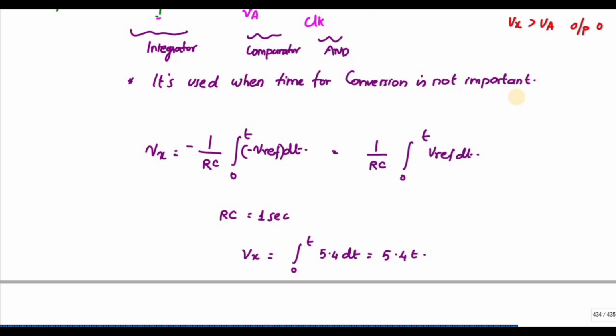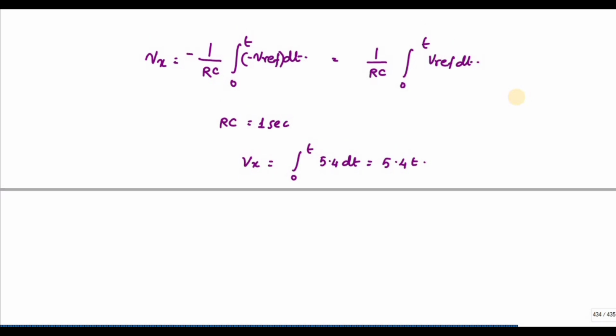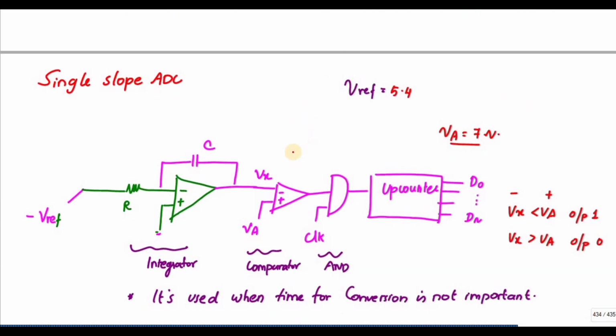So you can see that till this point the output is 1, right? Because Va is 7 volt and Vx is nothing but 5.4 t. So Va is greater than Vx, so I will get 1.